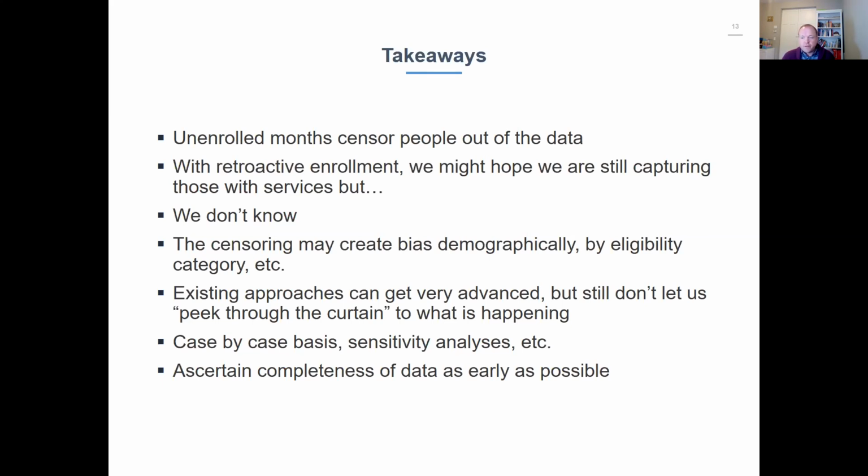We also would say that it's good to ascertain the completeness of the data as early as possible, so that you can know whether the data are going to be suitable for helping you answer your question. And that's not just whether these variables are available in this particular year, but also whether we have a large degree of censoring in a particular year due to some particular contextual issue.